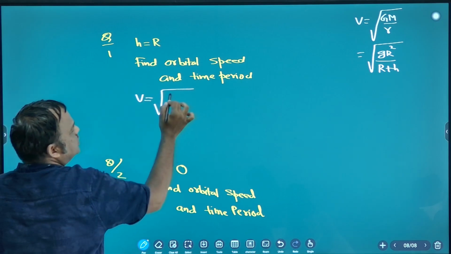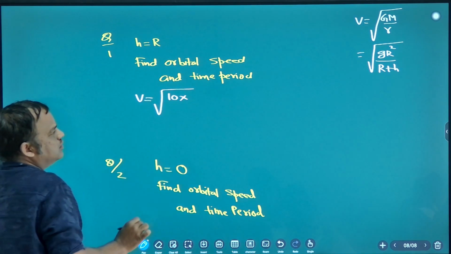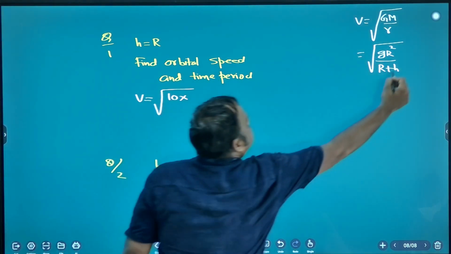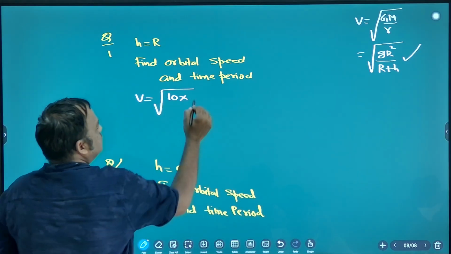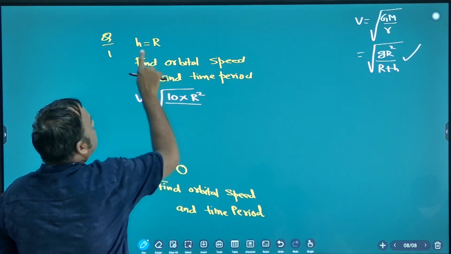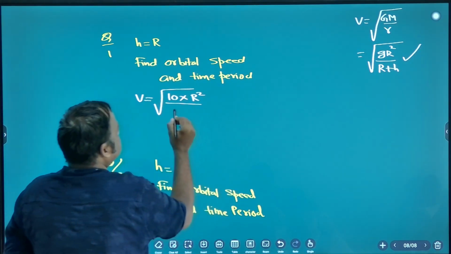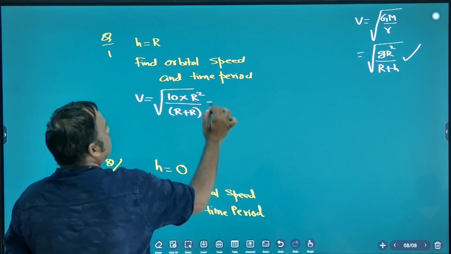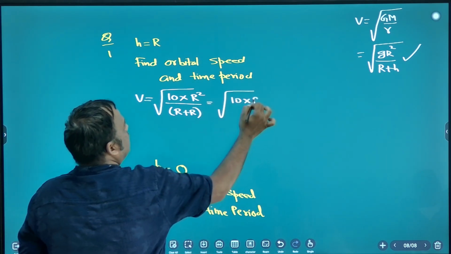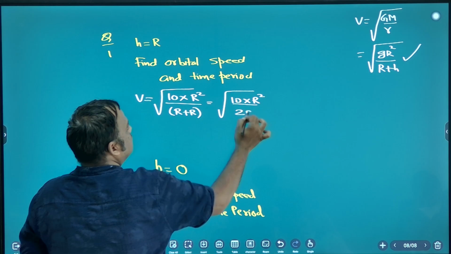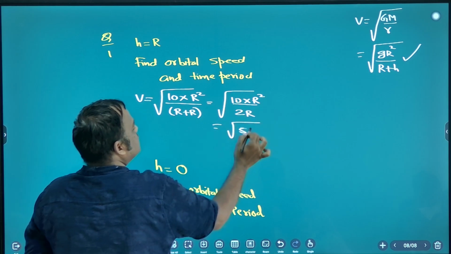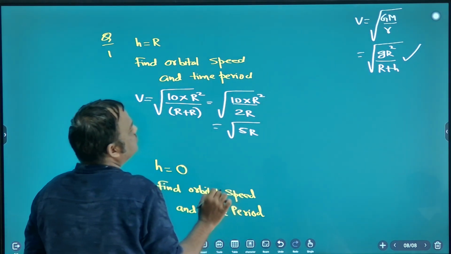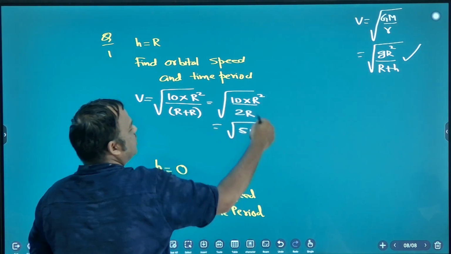Square root of g, value you know, 10. R square by R plus R. So this is 10 into R square by 2R. So this is 5R. Okay, 10 by 2, 5, R square by R cancel.